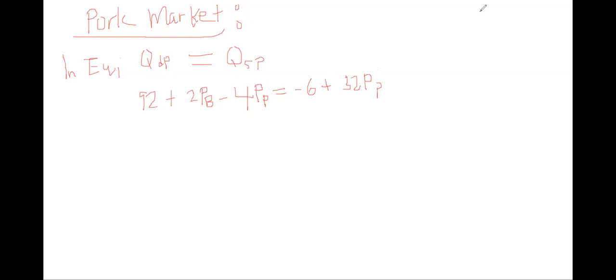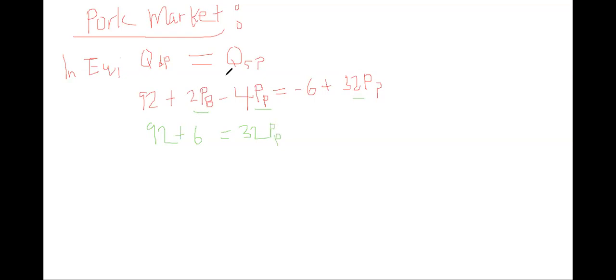So we collect the like terms. We take all the variables on one side. There's a variable here, there's a variable here, there's a variable here. So what we can do, it's simple. All the variables go to one side, 92 can stay here, this will come here, it's minus, then it will be plus 6, equals to 32 times the price of pork.